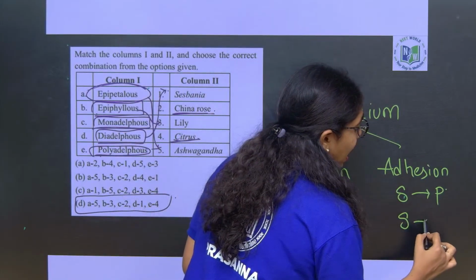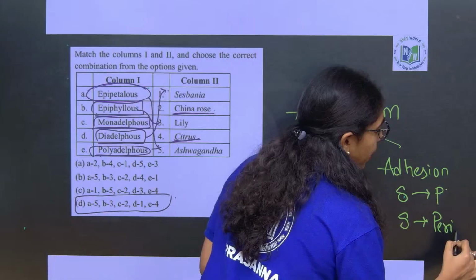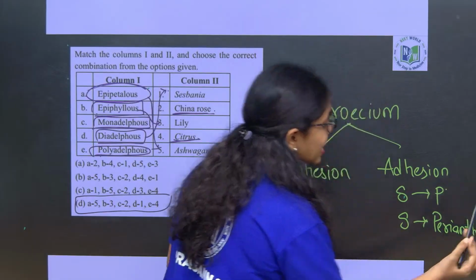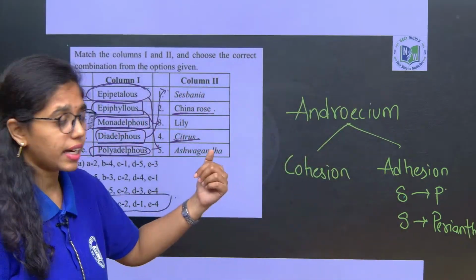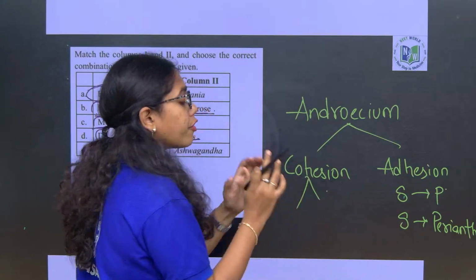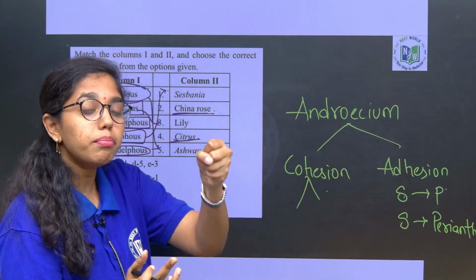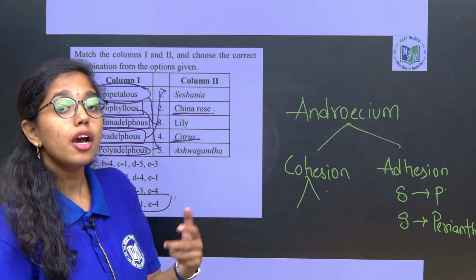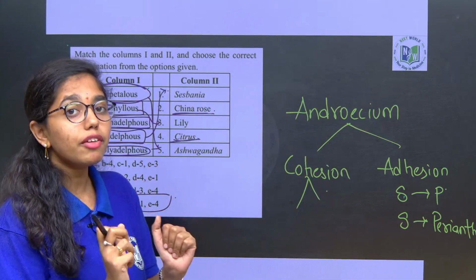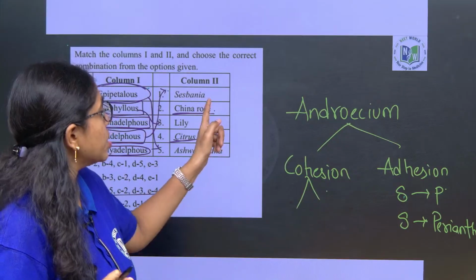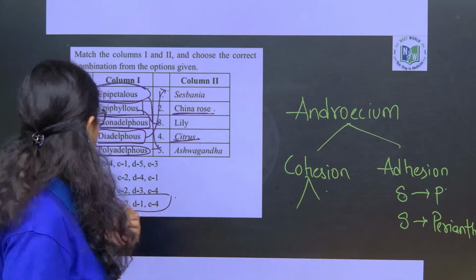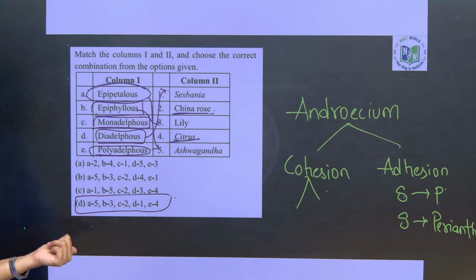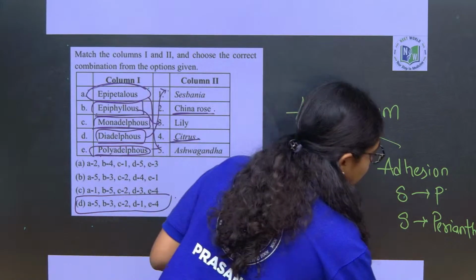If stamens are attached to perianth, then it is called epiphyllous condition. And cohesion, if all the stamens are united into one bunch, it is monadelphous, two bunches diadelphous, which you will see in Fabaceae family. Polyadelphous, where many bunches you can see, that is in Citrus, Rutaceae family. So, what is the option beta? Option D is the correct answer.